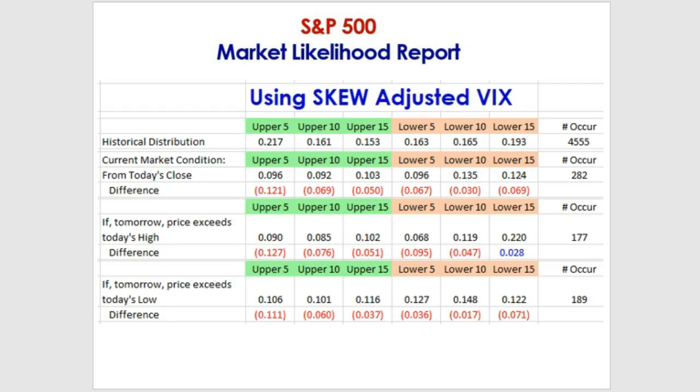And finally, the market likelihood report answers the question: based upon our current market condition, is the market likely to go up, down, or wobble around for a bit? To answer that question, we use distribution bands. Let me show you what those look like.